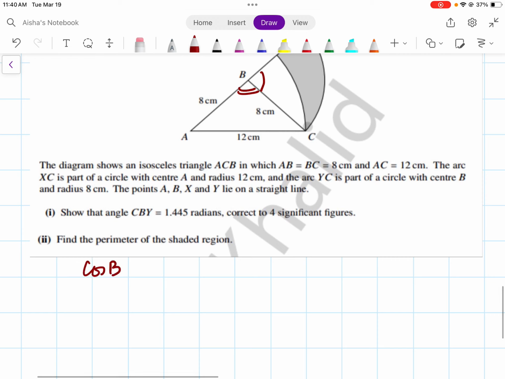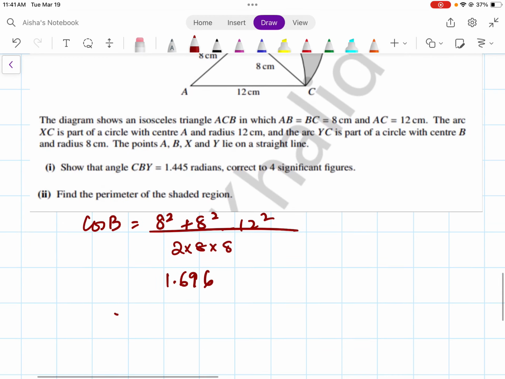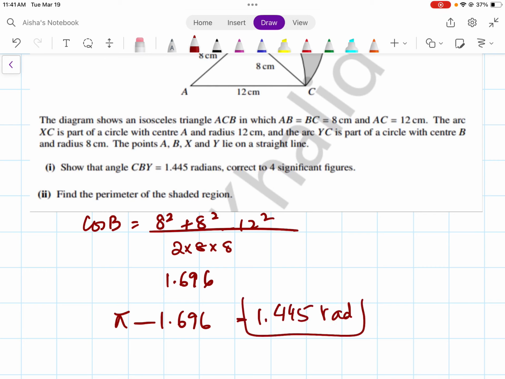So cos B is equal to 8 squared plus 8 squared minus 12 squared divided by 2 times 8 times 8, then cos inverse of the answer. This is 1.696. Now this is on a straight line, so the other angle will be pi minus 1.696. Proven.